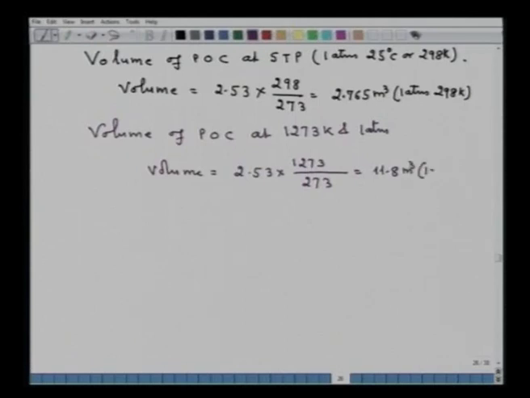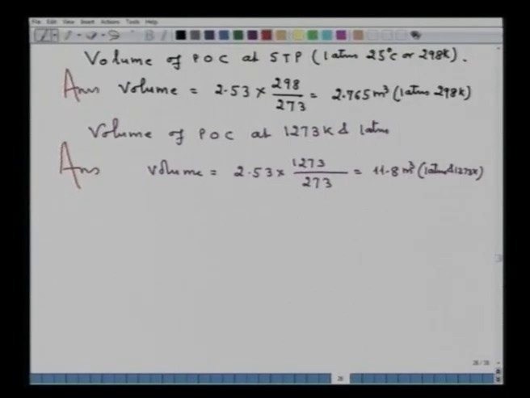This is at 1 atm and 1273 Kelvin. So, this is also the answer, and the earlier one was also the answer.